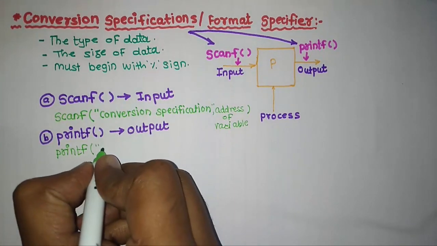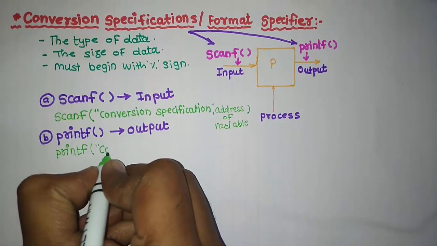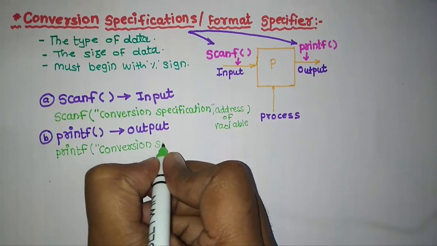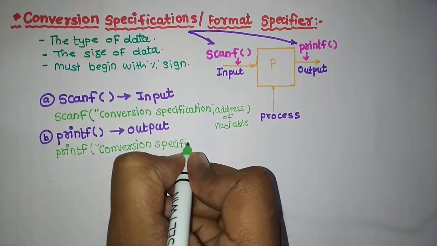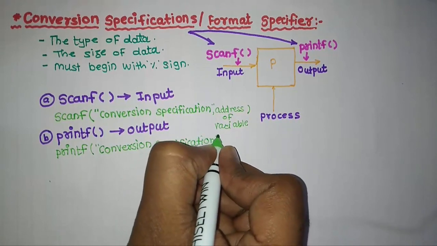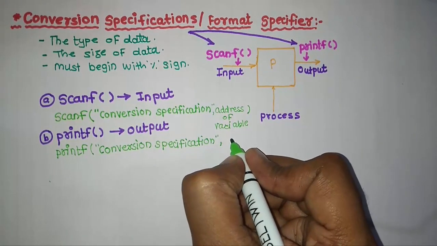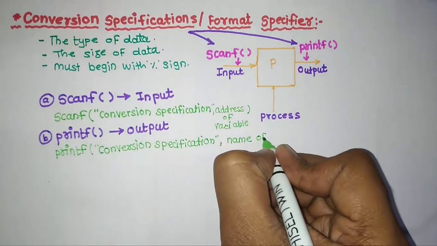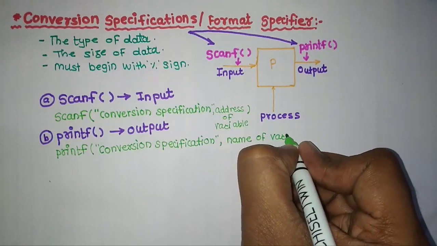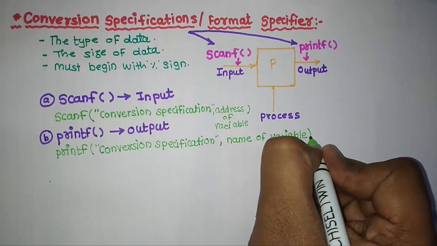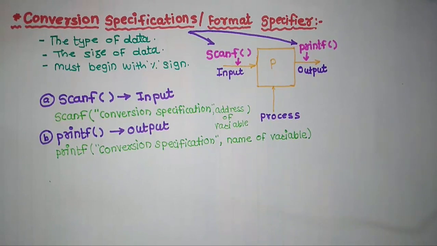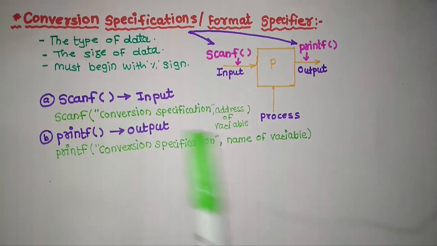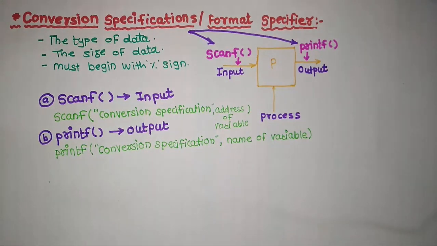Here also we have to define the conversion specifier, then a comma and the variable whose value is to be given as output. So these are the two basic functions, the scanf function for input purposes and the printf function for output purposes, used in the C programming language.